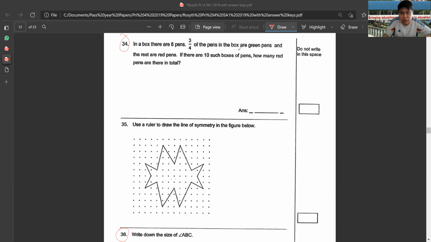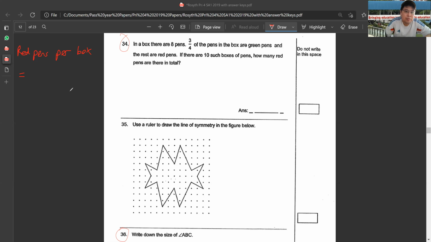So how many red pens are there in a box?